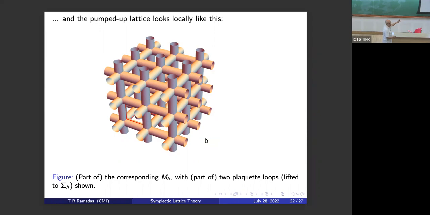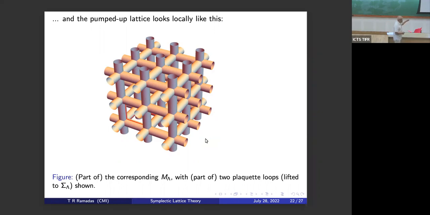But for a Pants decomposition, I need to find 3L cubed more loops. Now, the way to visualize this is to think of the dual lattice and take a regular neighborhood of the dual lattice.